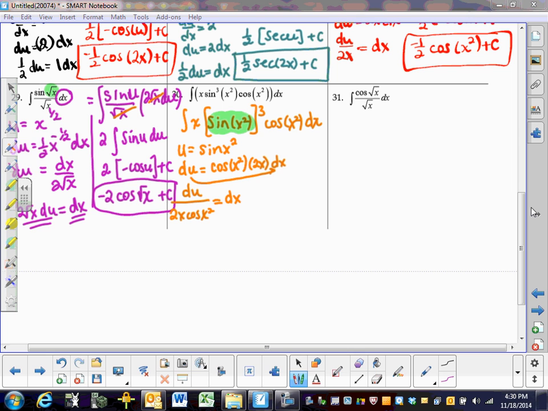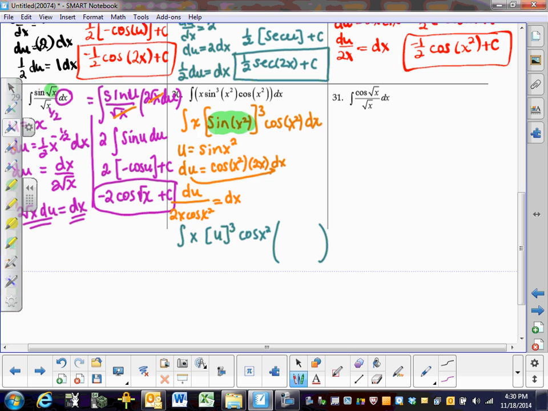But if we go back now to our integral, we have x u cubed cosine x squared, and when we change out that dx now, we have du over 2x cosine x squared. So that is going to allow us to cancel not only the x, but also the cosine x squared.